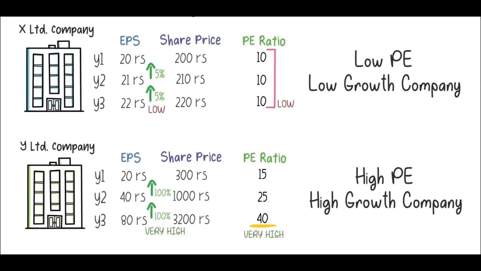So looking at this, we cannot say that we should not invest in Y company limited, because in high growth sectors, high growth industries, the PE ratio tends to be high. That does not mean that it is less attractive or you should avoid the company, because in high growth sectors, the investors discount the future.